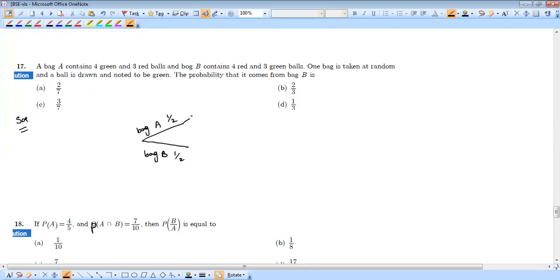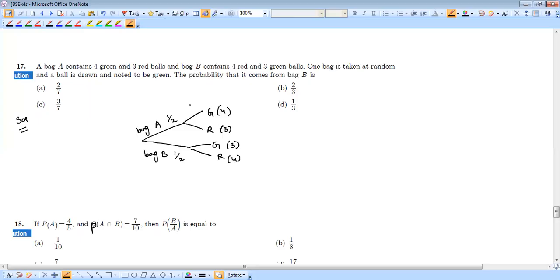After that, we choose the balls, either a green ball or a red ball. In bag A, green balls are 4 and red balls are 3. In bag B, green balls are 3, red balls are 4.